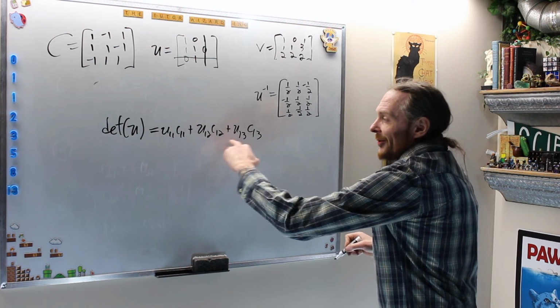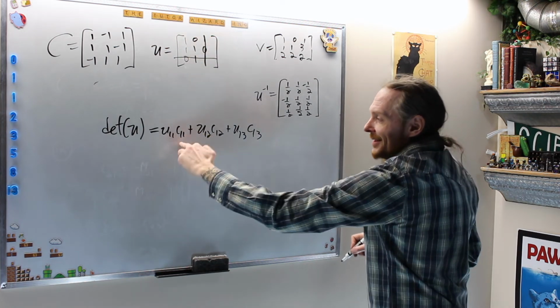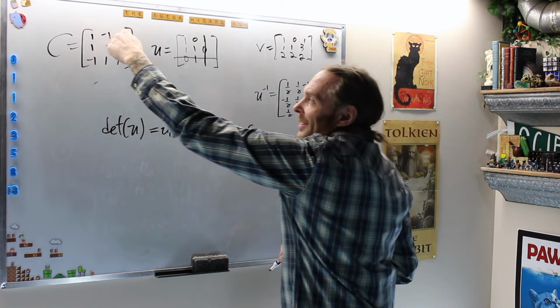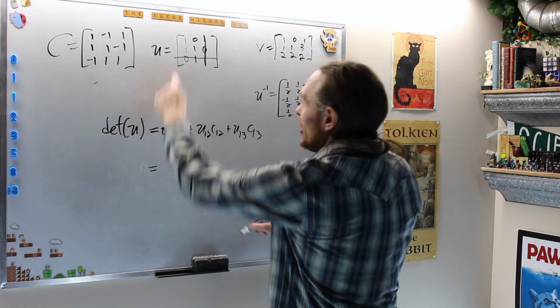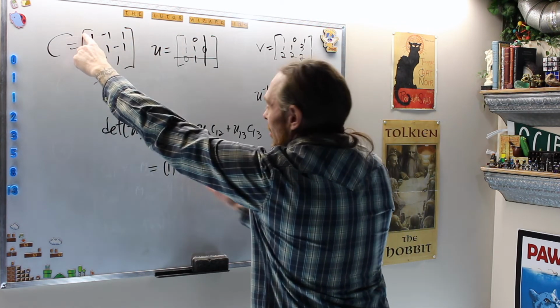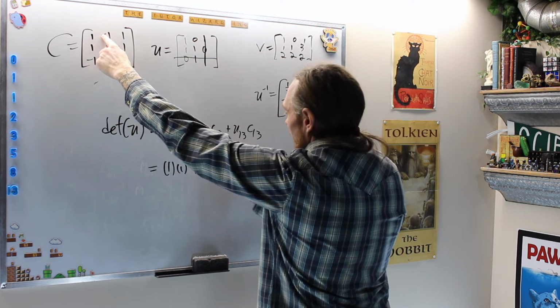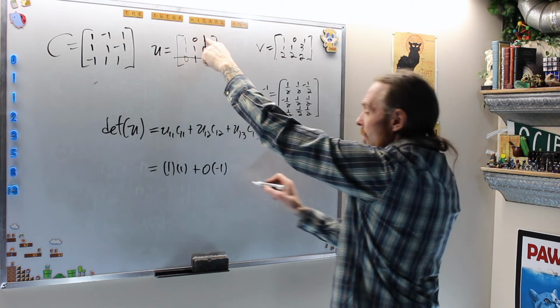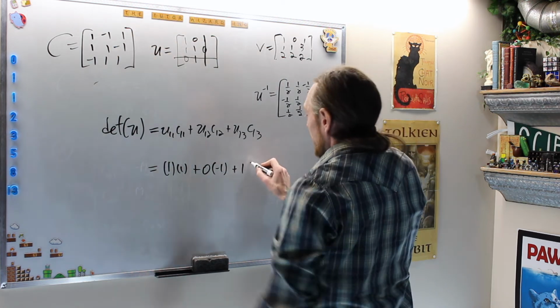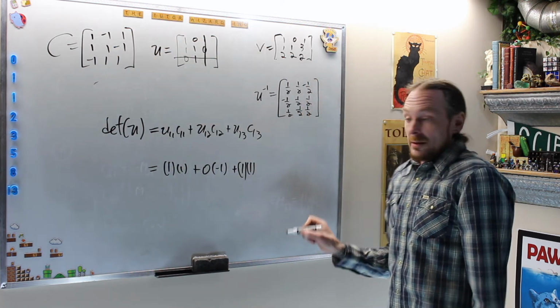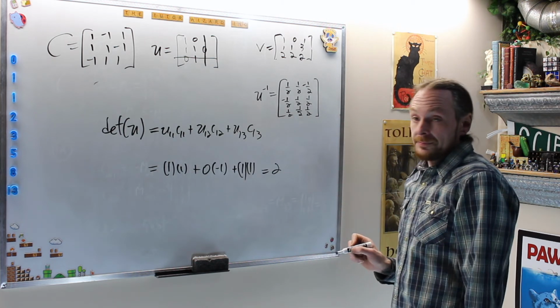The U's are from the matrix. The C's are the cofactors which I just built. So now this is equal to U11, 1 times C11, 1 plus U12, 0. I didn't even have to compute, but I've got it. So negative 1. And then 1 times 1. So the determinant is 2.